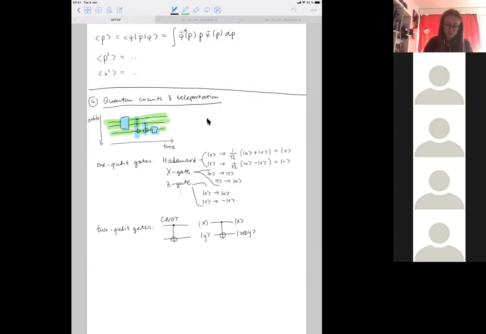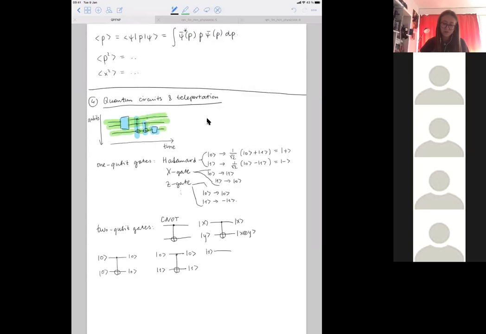So to know how this gate acts, you just need to keep in mind that, for example, if both qubits start in state 0, we apply CNOT, then nothing changes. If the first qubit is in 0 and the second one is in 1, and we apply CNOT, then we get 0, and here the 1 still stays because 0 plus 1 is still 1.